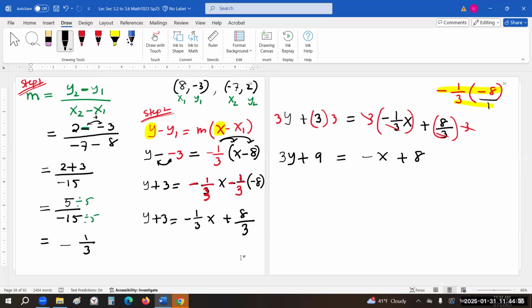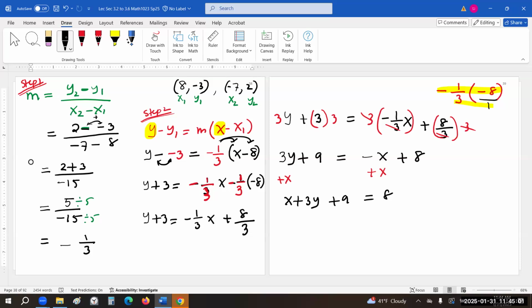Come on, guys. We can bring our x from right to the left. So what do you have to do that? Add it. So we add x, add x. So we have x plus 3y plus 9 equals 8. We are very close.